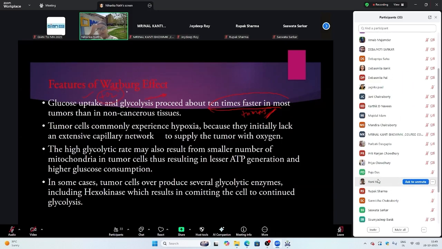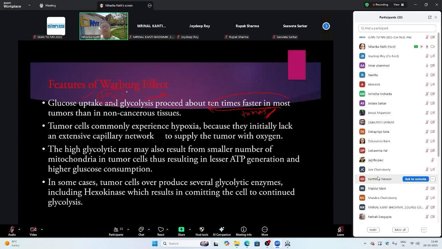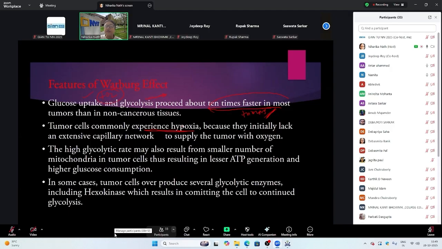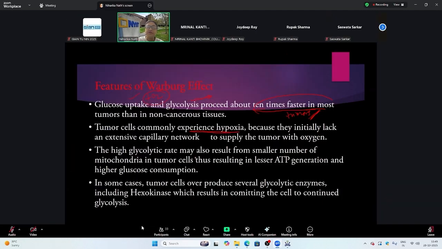Okay, we don't need it for glycolysis straight away. So the cell's deciding that, okay, I'll just take the half process, and I'll experience hypoxia. But then they will activate all of that.